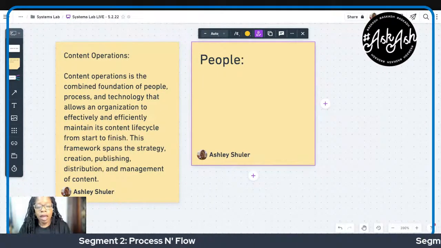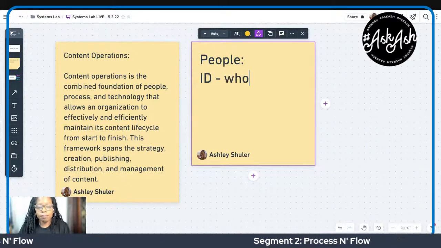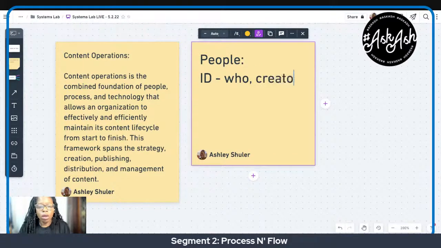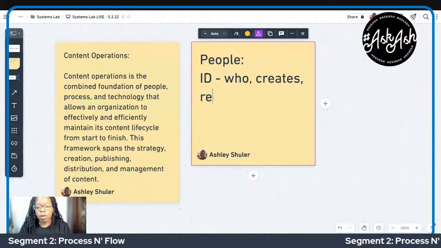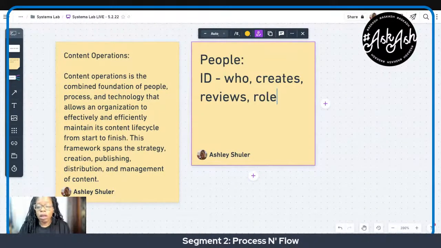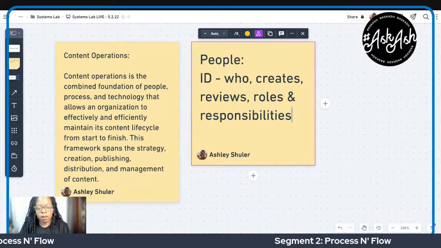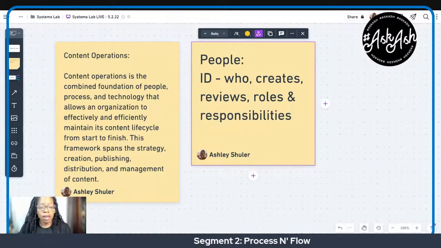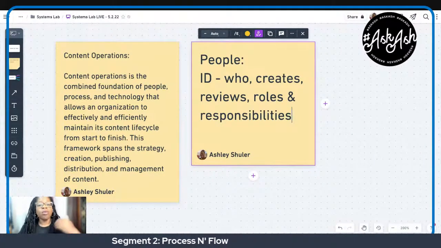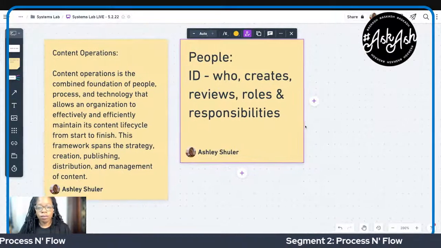We're identifying who creates, who reviews, and we're outlining roles and responsibilities. That's what we're looking for when we are looking at the people factor.